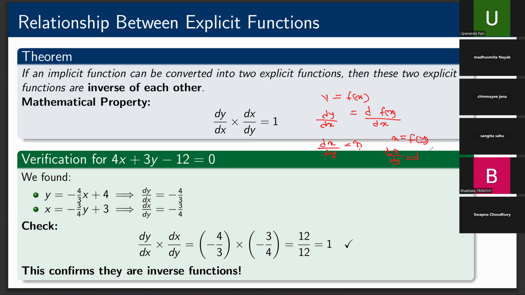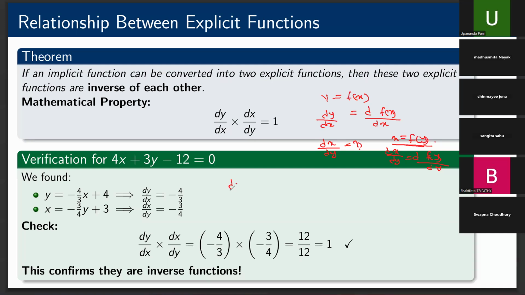How? Now, the derivative of f of y with respect to y. To find dx upon dy, we have to find this explicit format where x is my dependent variable. But without converting the functional notation from y as f of x to x as f of y, what is the method I have to use?